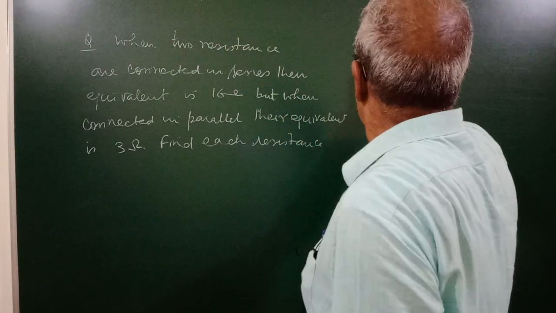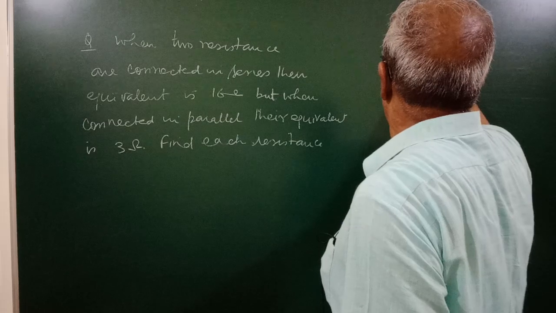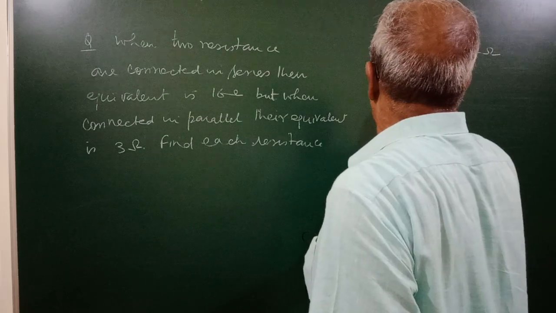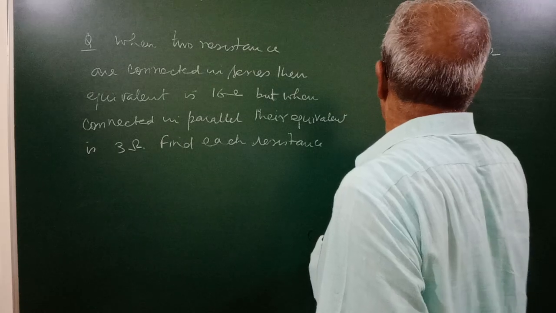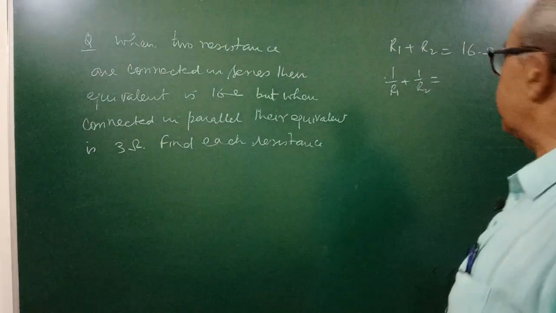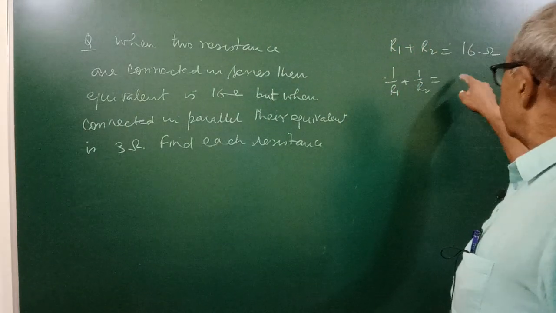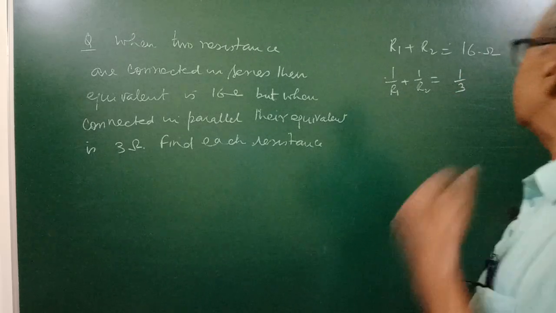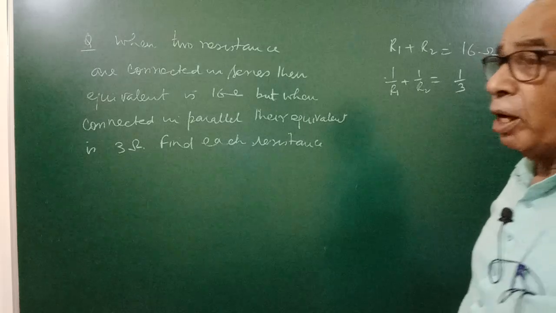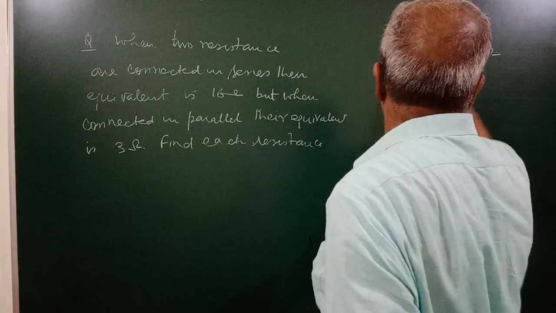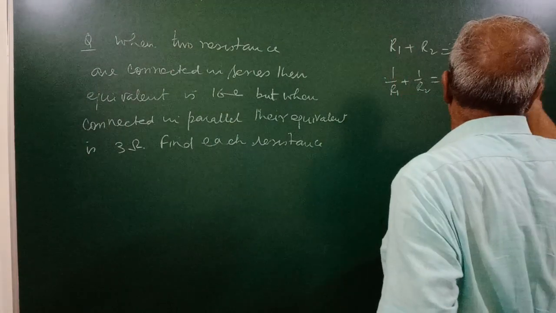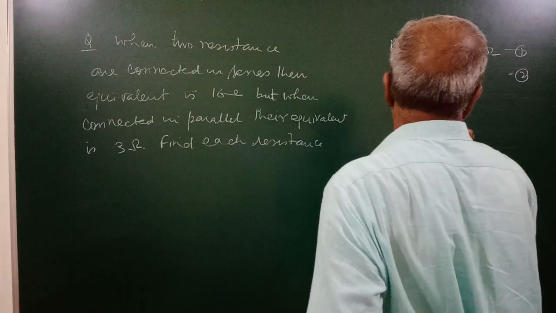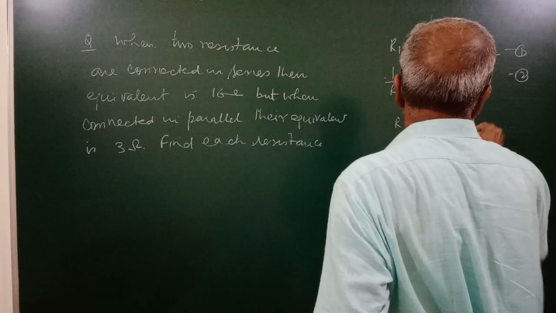So here R1 plus R2 is 16 ohm, and 1 upon R1 plus 1 upon R2 is 1 by 3. Students commit a mistake here. Series equivalent is R1 plus R2, parallel is 1 upon R. So from equation 1, R2 equal to 16 minus R1.